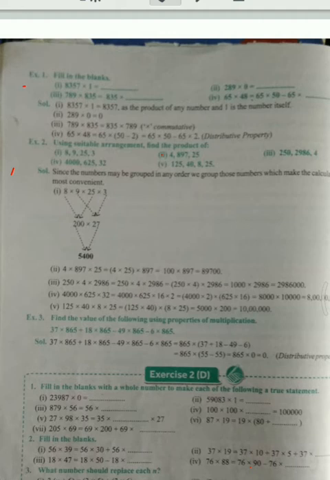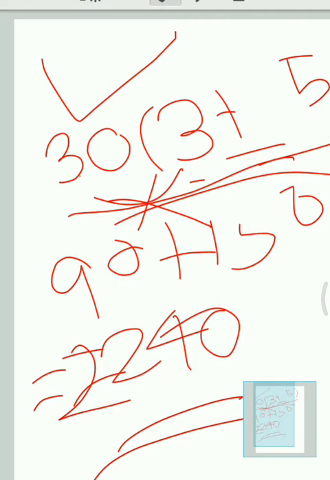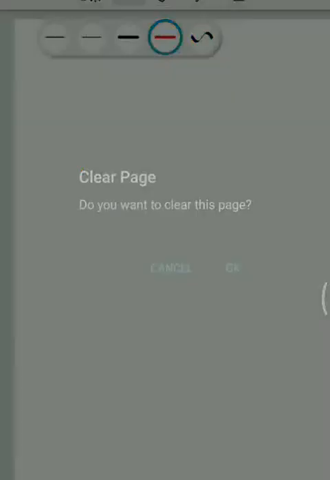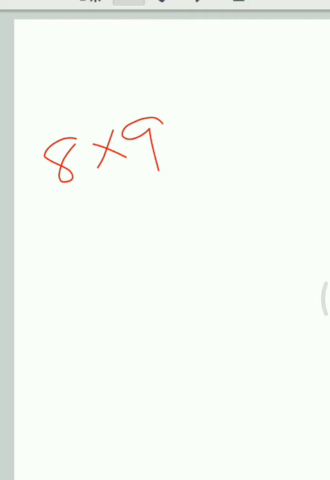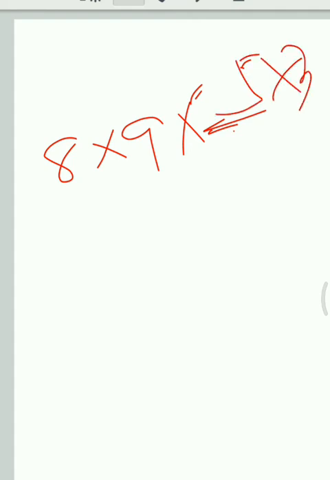Here you see your example 2: 8, 9, 25 and 3. Which number will you multiply with which?